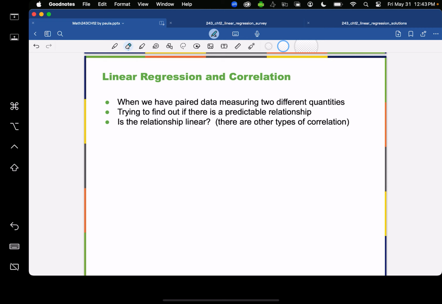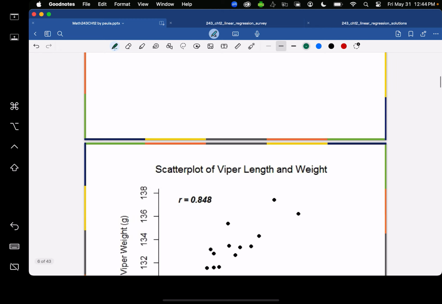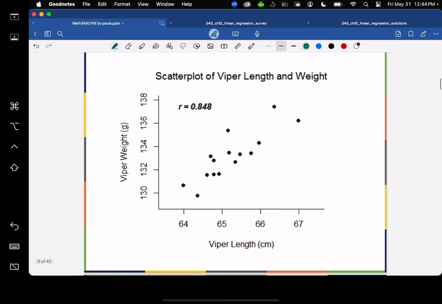So you have to measure two different quantities for each individual. From trying to find out if there's a predictable relationship, and then is that relationship linear, because there are other types of correlation possible.